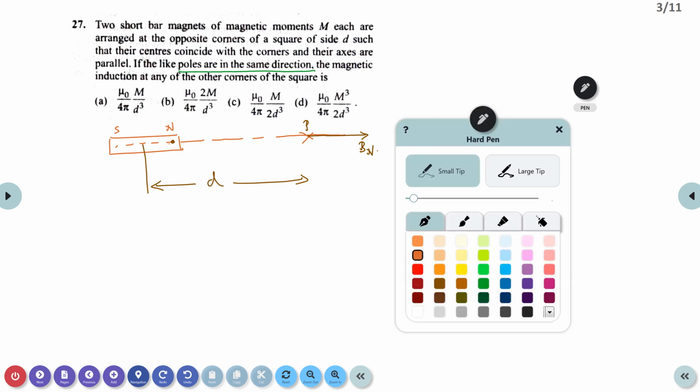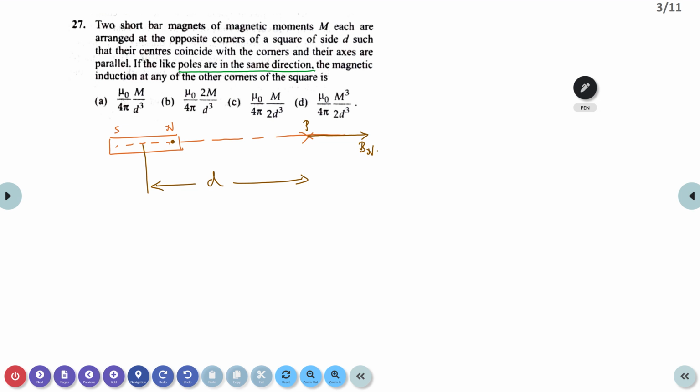Next, the magnetic field due to the South Pole is like this, Bs. You see, I drew this length less and this length more. That means the magnetic field due to the North Pole is greater than the magnetic field due to the South Pole. So for the axial line, the resultant field is Br equal to Bn minus Bs, acting along this direction.